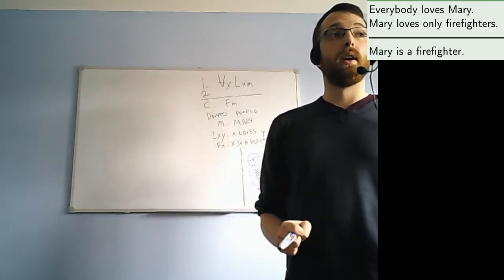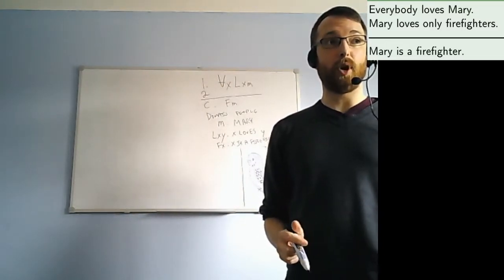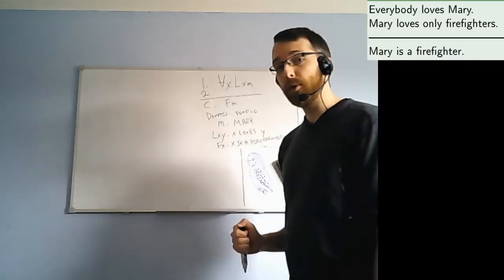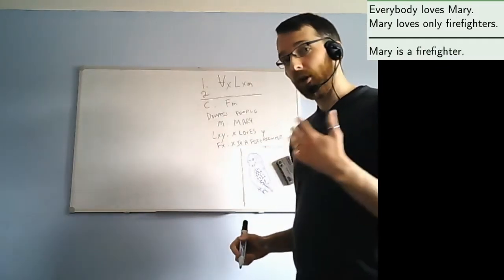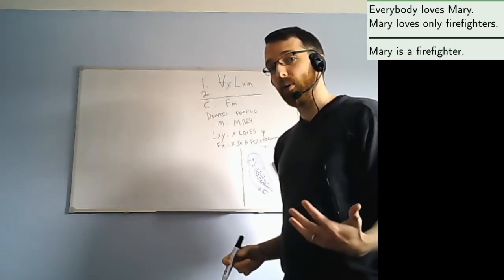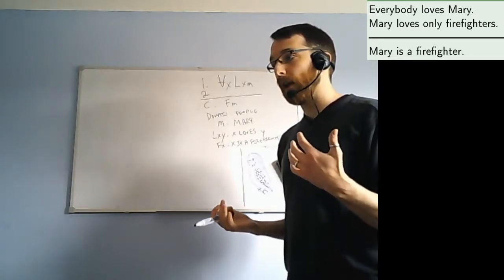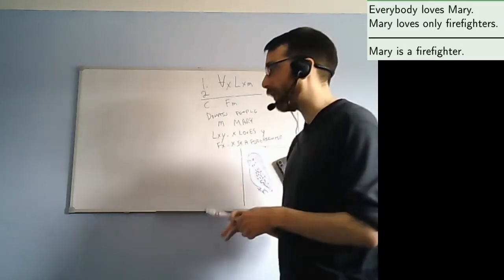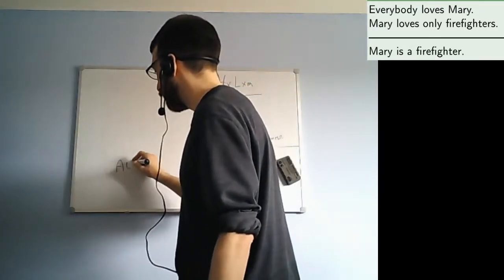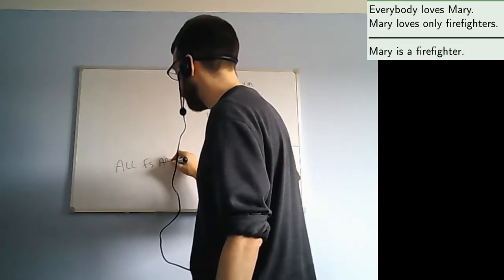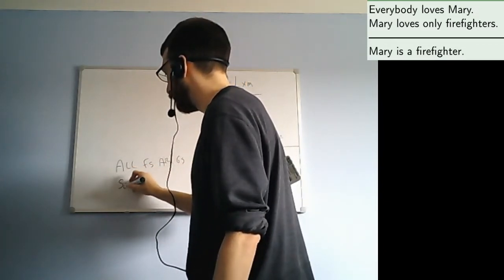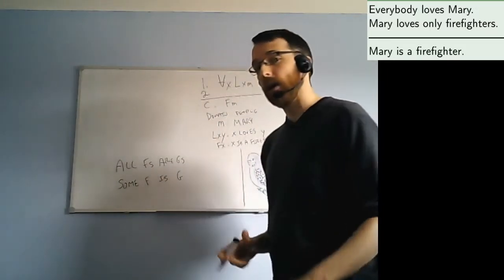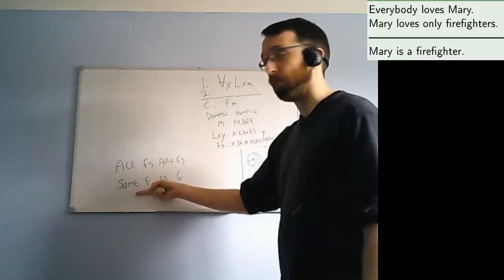Okay, next. Mary loves only firefighters. I've told you before that a lot of sentences that you want to symbolize in FOL, if you think about rephrasing the English into something that says the same thing, you'll be able to turn it into either all F's are G's or some F is a G. And I gave you formulas for instantly replacing these with FOL.